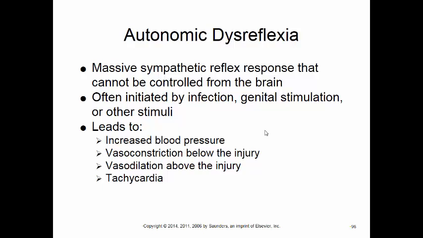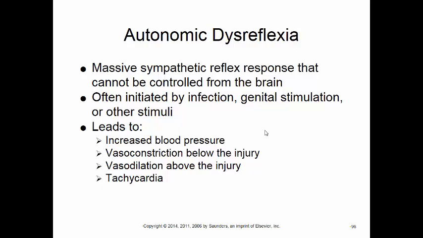So something stimulates the sympathetic response, and it cannot be controlled by the brain. Some kind of stimuli could be infection or general stimulation, and it doesn't get all the way up to the brain, and the spinal cord kind of sends out this massive sympathetic response.